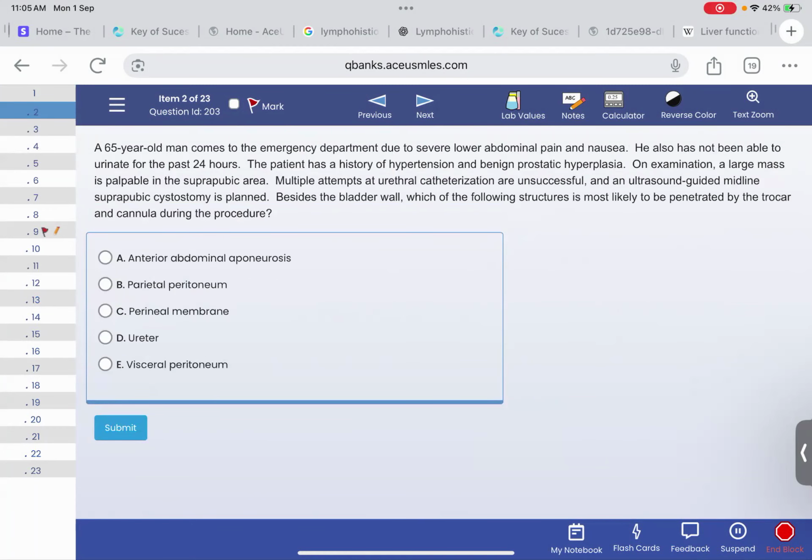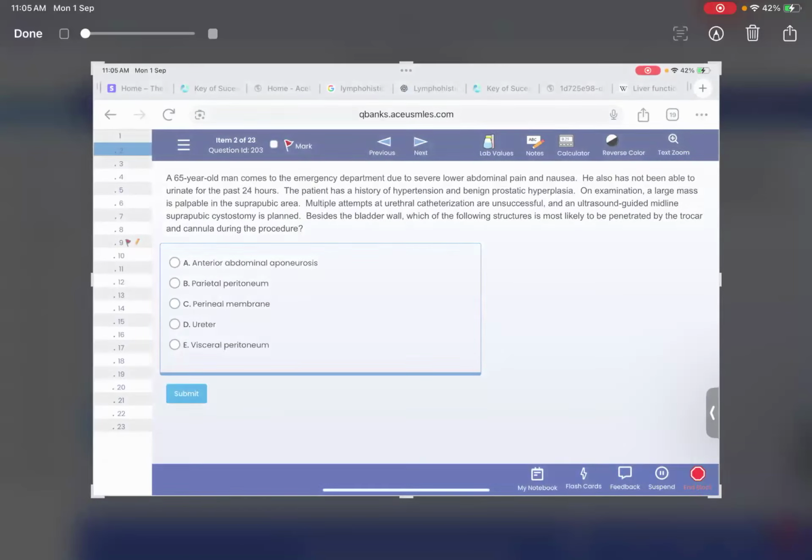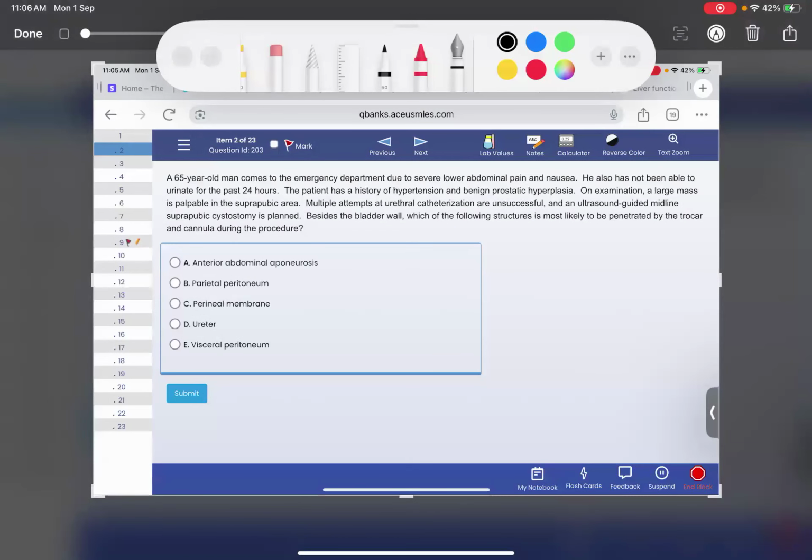Anyone, please? May I, sir? Yes, please. Besides the bladder wall, which of the following structures is most likely to be penetrated by the trocar and cannula during the procedure? A 65-year-old man comes to the emergency department due to severe lower abdominal pain and nausea. He has been unable to urinate for the past 24 hours. The patient has a history of hypertension and BPH.